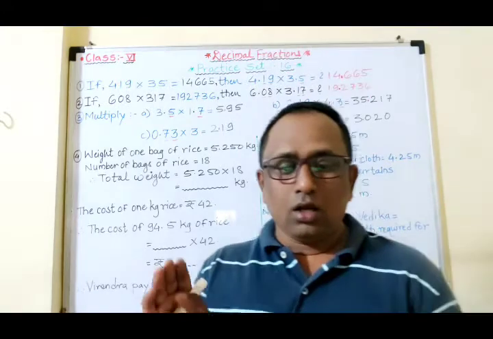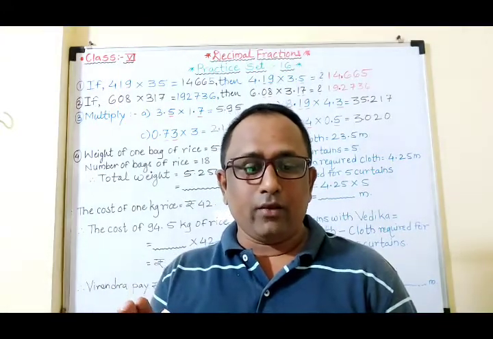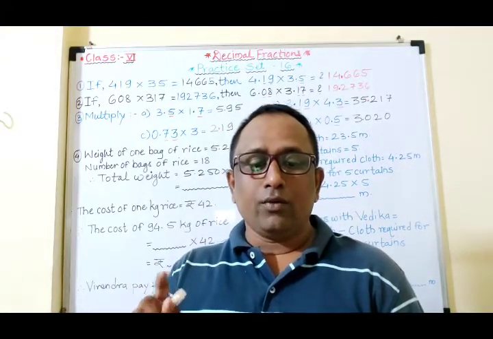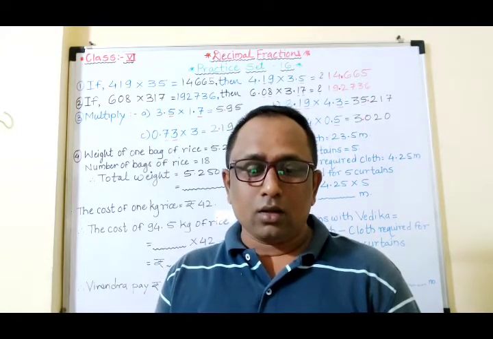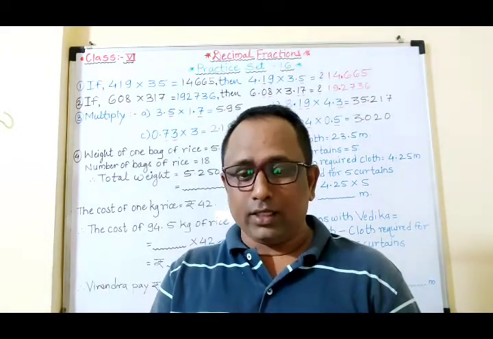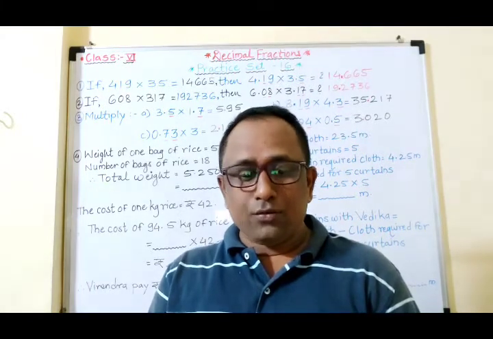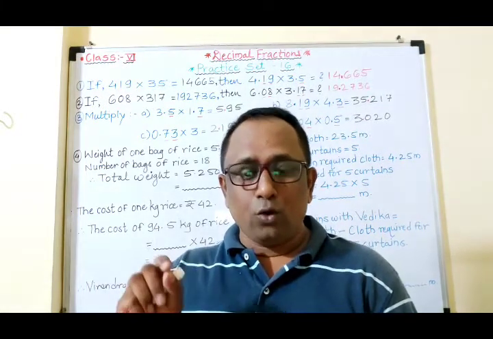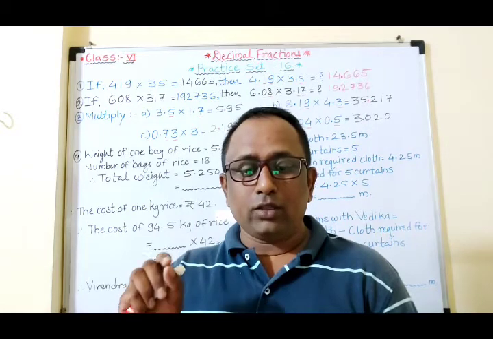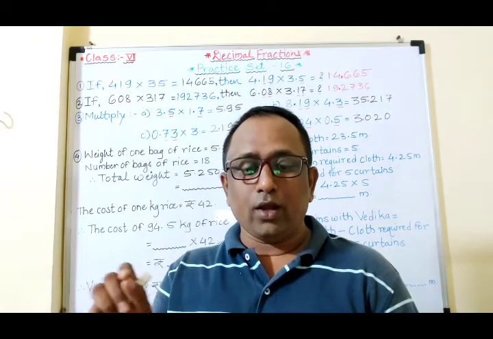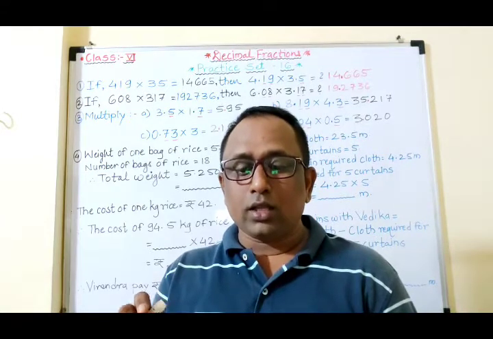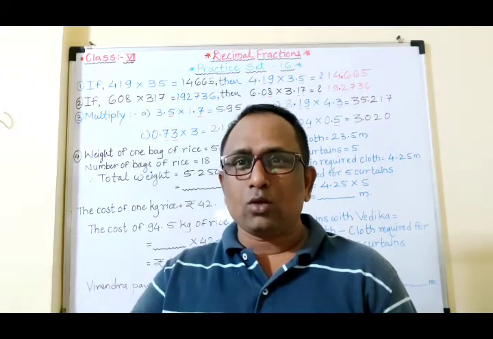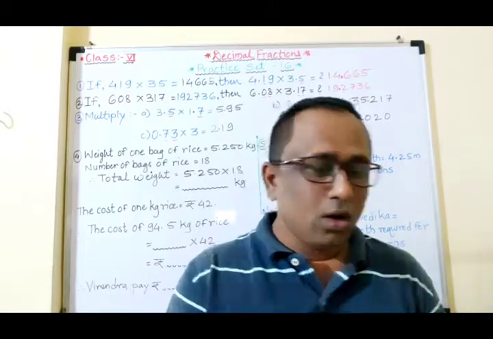So total cloth that Vedika has, that is 23.50 meters. And from this she wants to make 5 curtains of equal size. If each curtain requires 4 meter and 25 centimeter, means 4.25 meters to make, how much cloth is left over, means how much cloth remains, that we have to find.